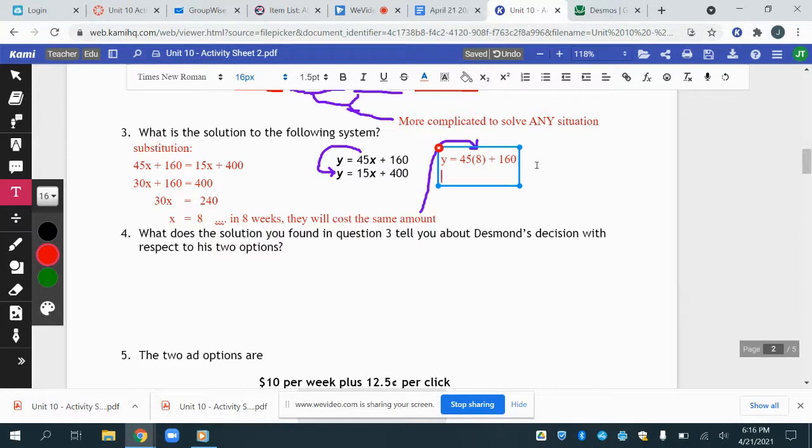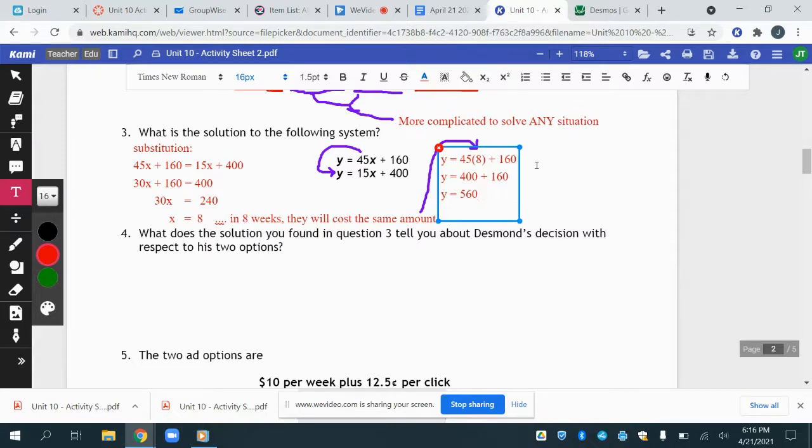Yep, 400. Y equals 400 plus 160. Y equals 560.